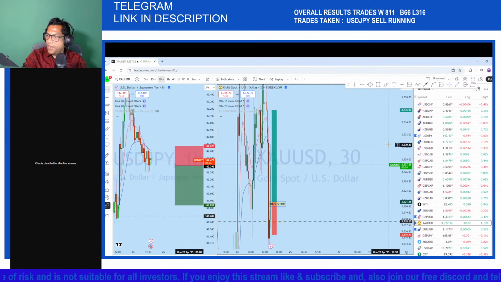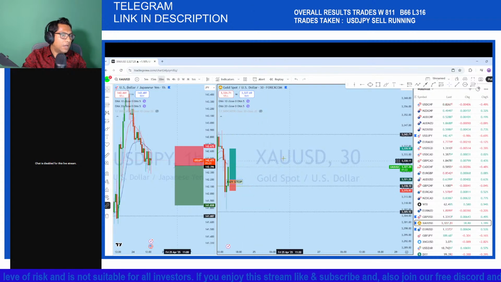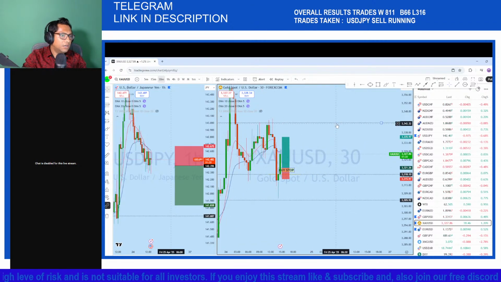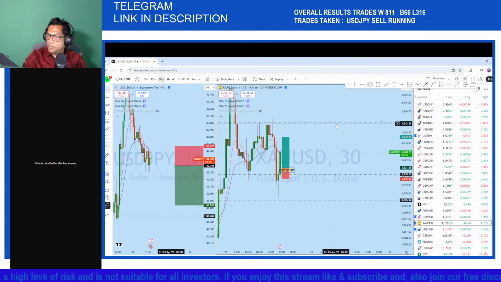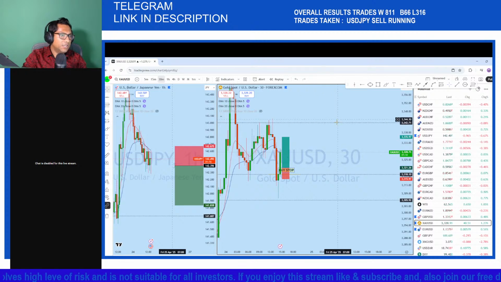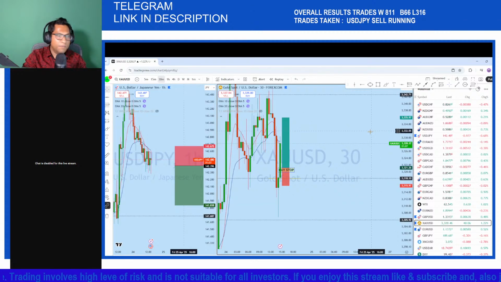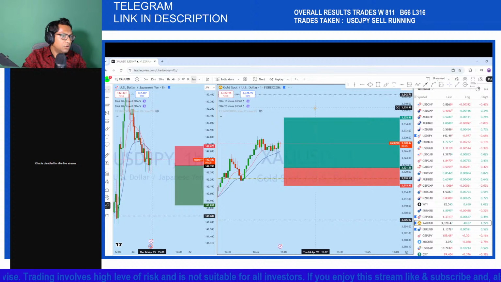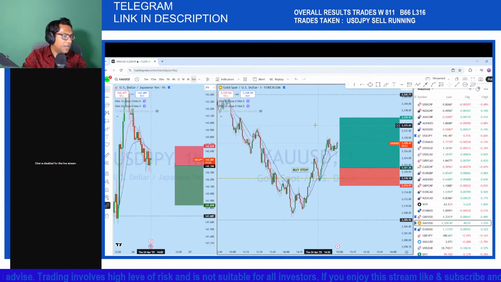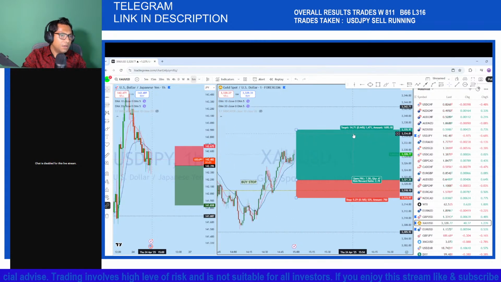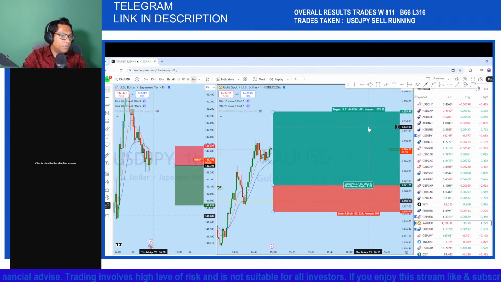But here, what I think is that there's a probability for a bounce back to the upside to this area where you can see there is an imbalance, as we discussed in the beginning. As the market wants to move into the imbalance, we may see the price possibly trend back up.